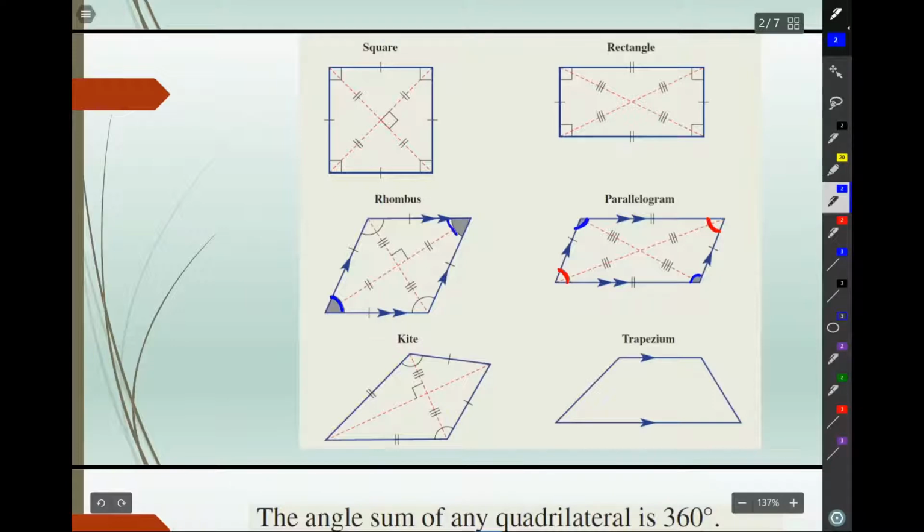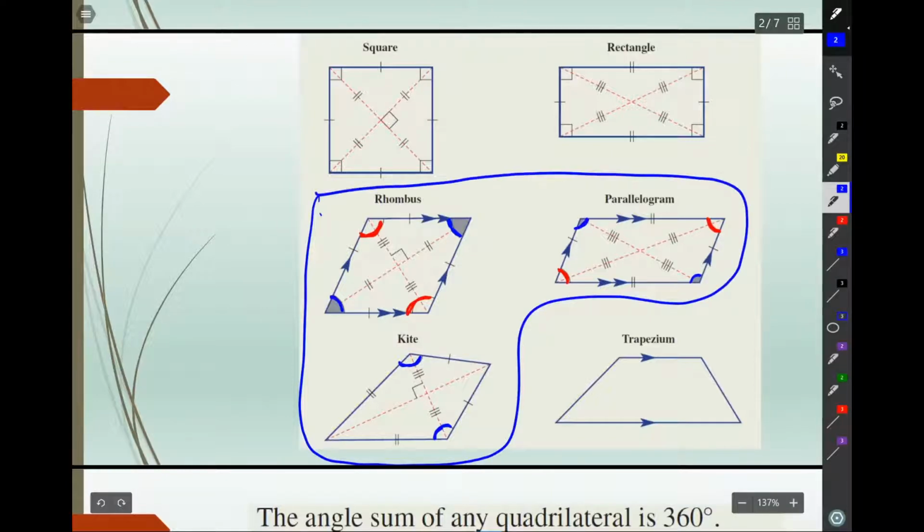As we go forward in this unit, we're going to start looking at parallel lines, and you're going to learn about why these angles are the same. But for now, it's enough that you just know that they are the same. It might be helpful to draw at least these three shapes into your books and just note the angles that are the same.